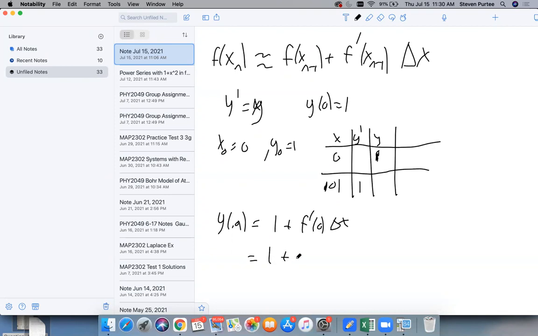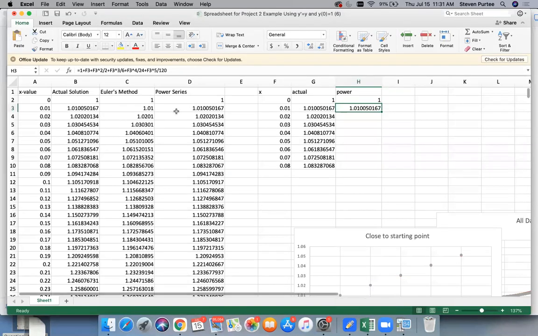That'd be 1 plus, what was my derivative? 1 times my change in x, 0.01. So I think that's 1.01. Okay, that's what I've got typed in here in the Euler's method.